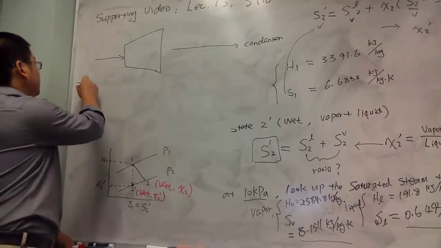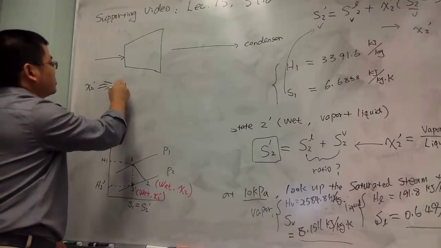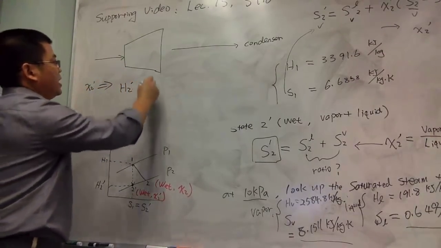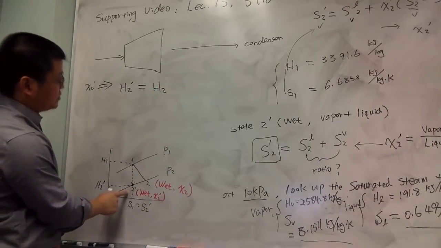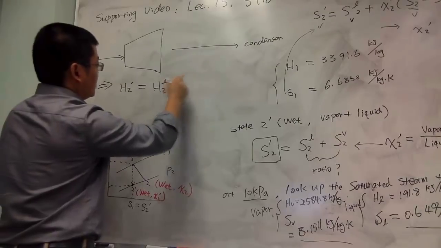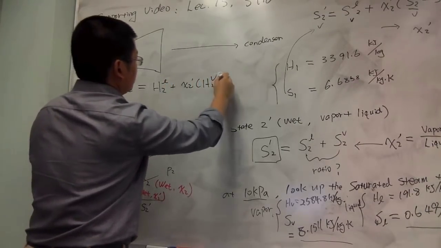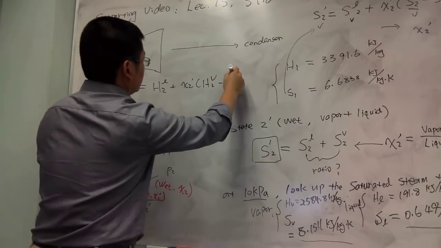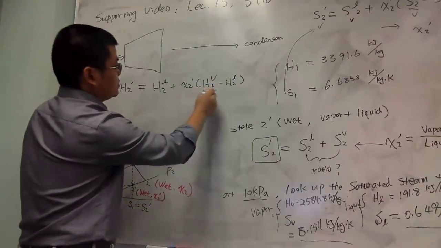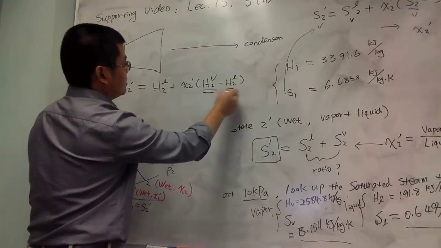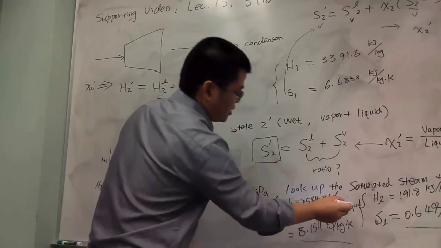Okay. Once we figure out x2 prime, then we can set up this equation. This h2 prime will be h2 at that isentropic final state liquid plus x2 prime times h2 vapor minus h2 liquid. And the h2 vapor, h2 liquid will be coming from the steam table over here.